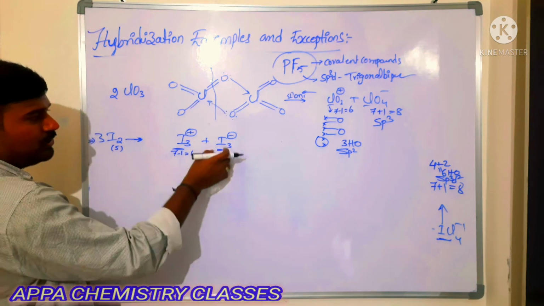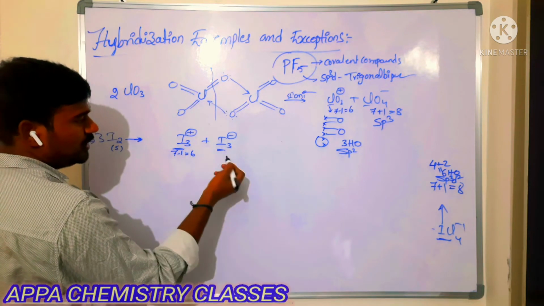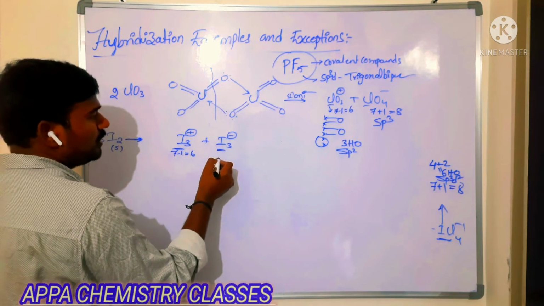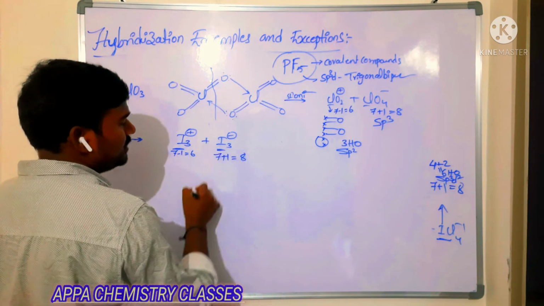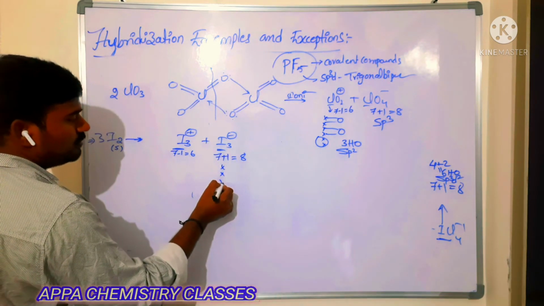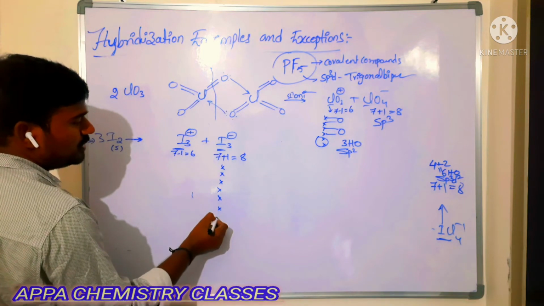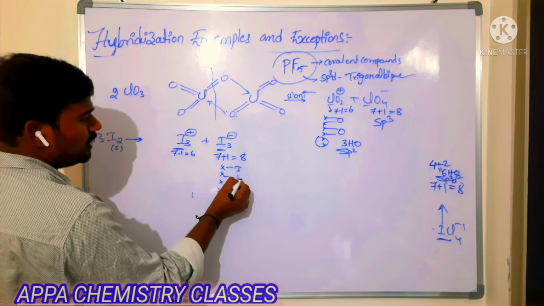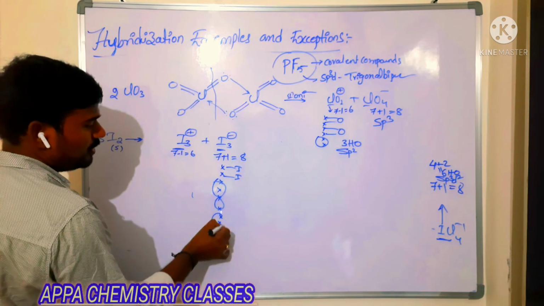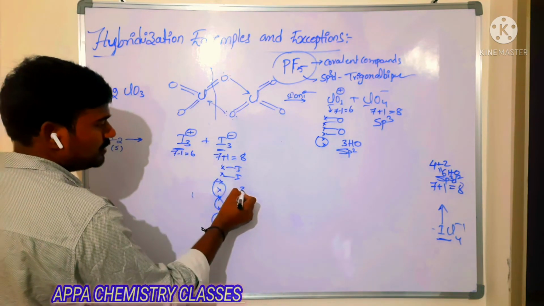I had explained this to you. Here also you can do that one. That is your homework. Here also you can take 7 plus 1, that is 8. So 8 dots you can keep. Out of 8 dots, 2 iodines are utilizing. So the remaining will be 3 lone pairs and 2 bond pairs.